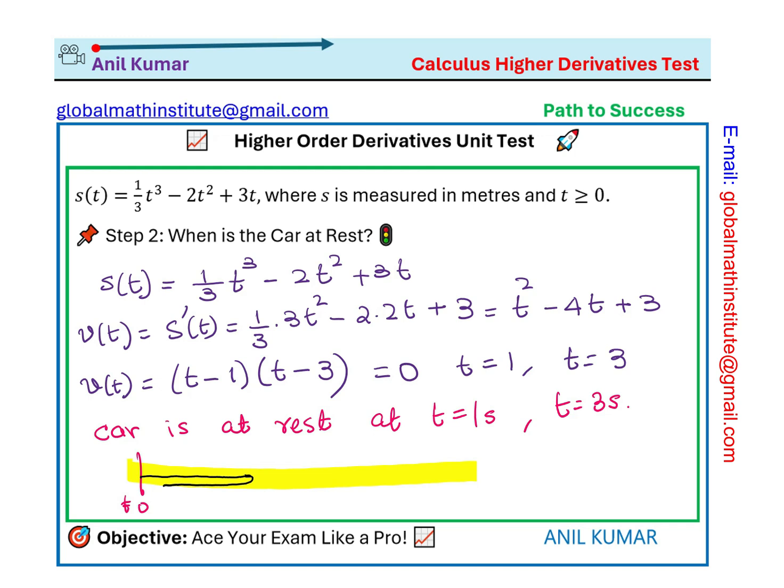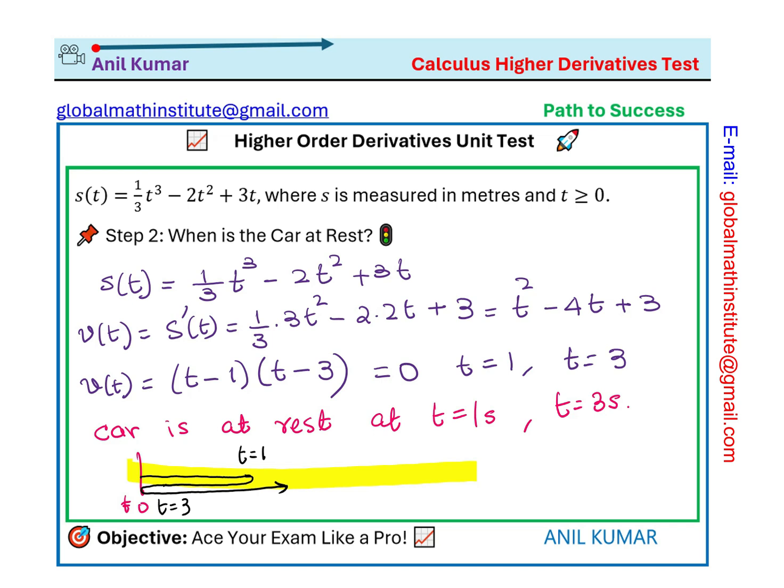And we earlier saw that after 3 seconds, it is back to the initial position. So it returns to the initial position and then will go back. So this is t equals 1, and this is t equals 3. So that is how you can visualize the displacement of the car along a straight line. Makes sense, right? Let's move forward.